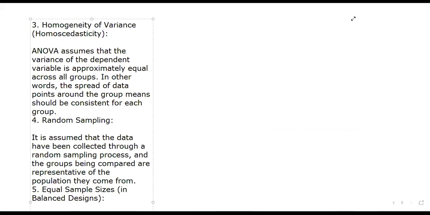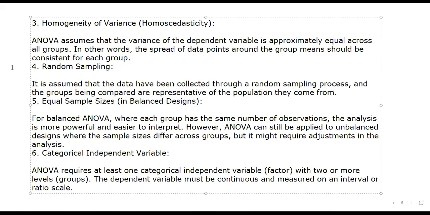So we also have other assumptions when you're dealing with ANOVA, which are as follows. Random sampling: it is assumed that the data collected in ANOVA should be randomly selected. Then also there's an assumption of balanced designs, that there should be equal sample sizes.